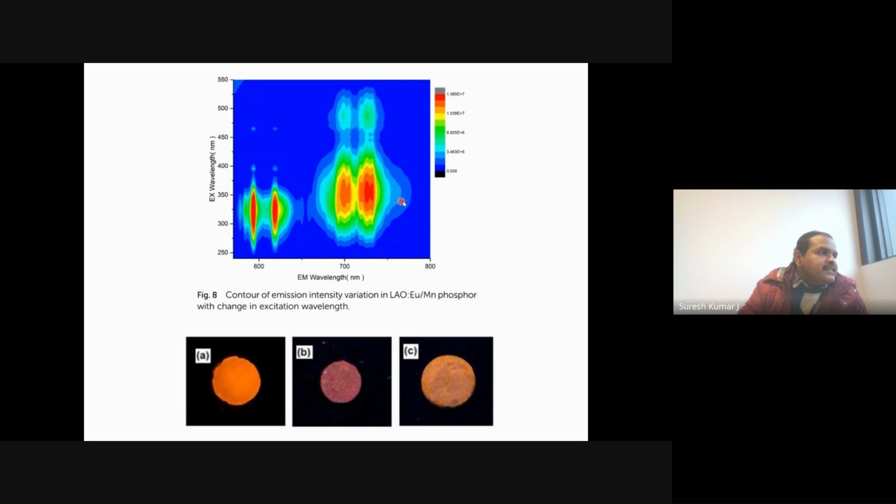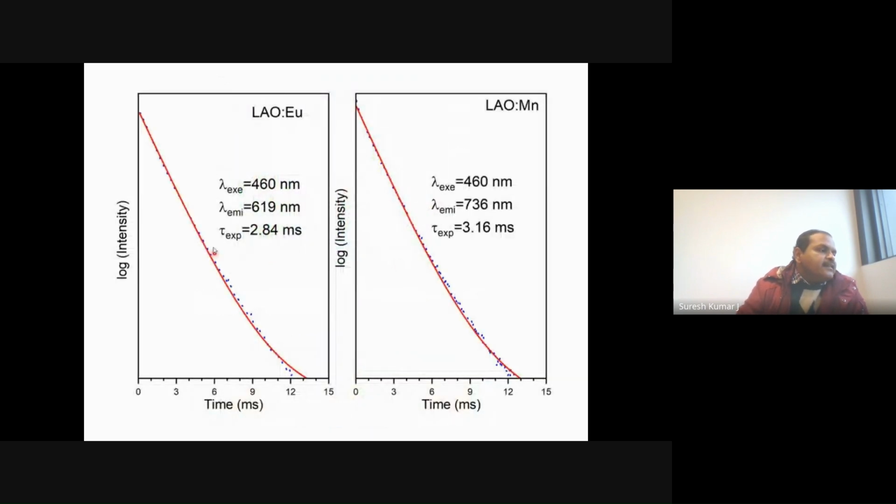So all this region has emission from lanthanum aluminum oxide co-doped with europium and manganese. The lifetimes of europium and manganese in LaAlO3 are almost the same, 2.84 and 3.16 milliseconds.